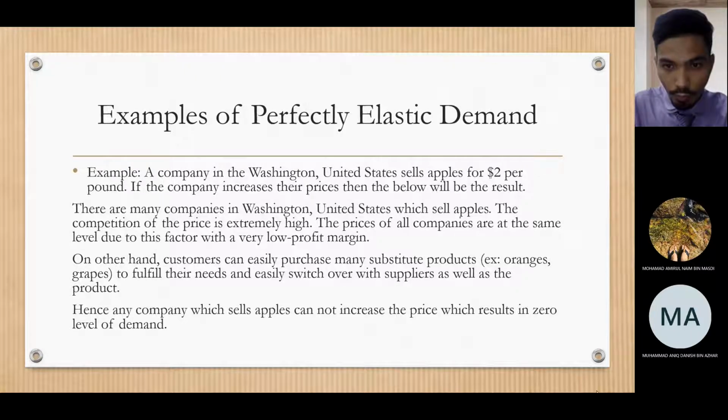The prices of all companies are at the same level, with a very low profit margin. On the other hand, customers can easily purchase many substitute products, for example oranges or grapes, to fulfill their needs and easily switch suppliers as well as products. Hence, any company which sells apples cannot increase the price, which would result in zero demand.